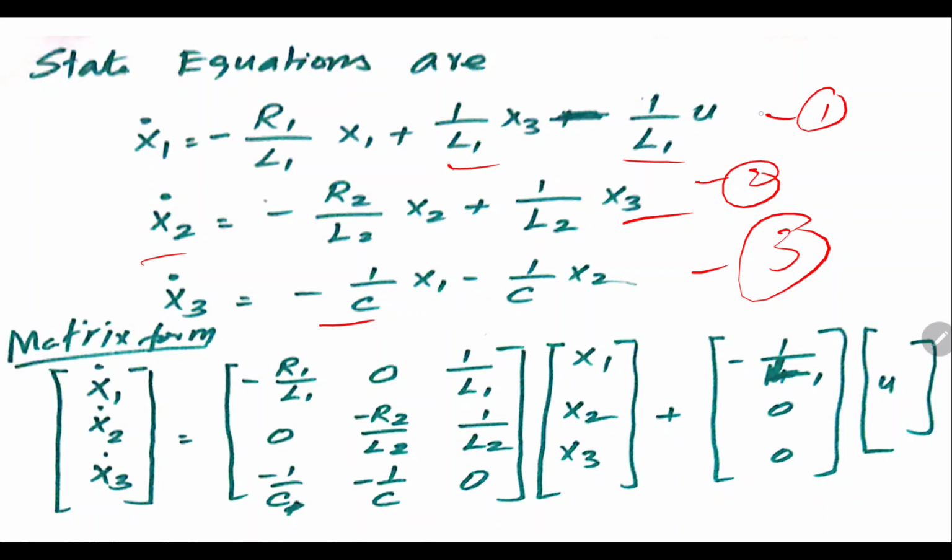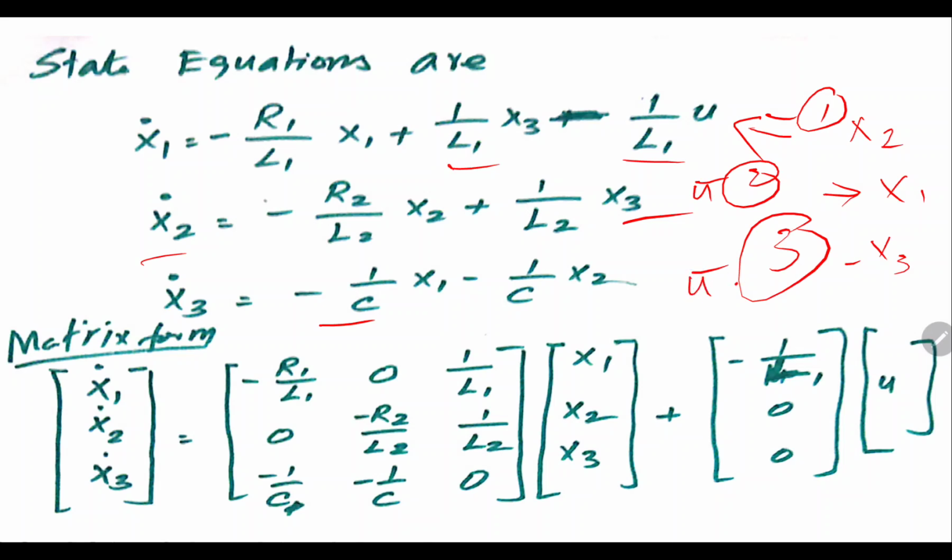In the first equation, the missing component is x2. In the second equation, the missing component is x1, and in the third equation x3 is missing. Also, in the second and third equations, u is missing.